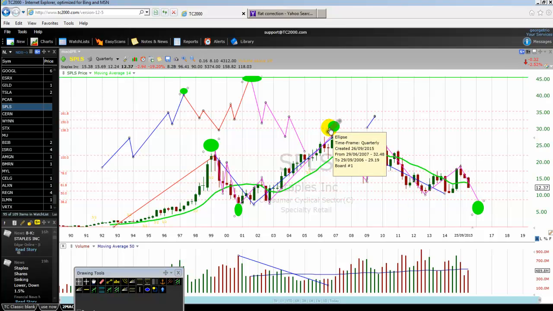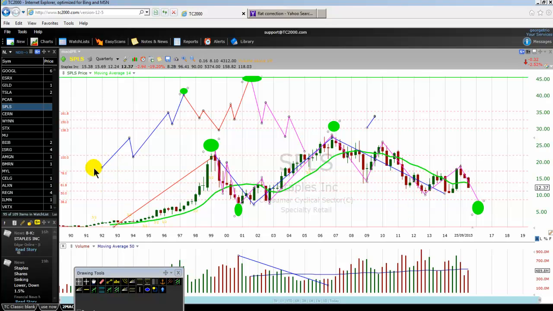Let me repeat myself: the B session of the expanded flat correction, because there are different types of flat correction, very often will propel the price into the 138% Fibonacci extension zone of the multi-wave.